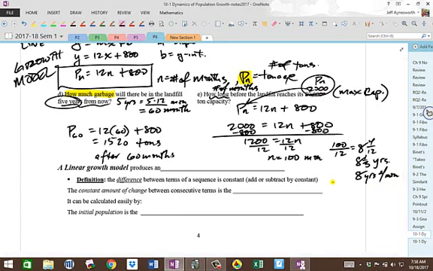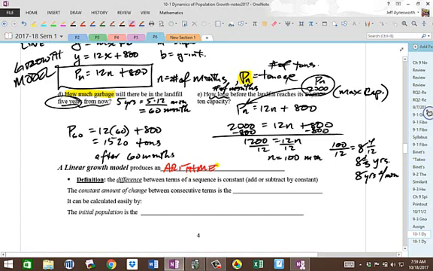Okay, so in summary here, a linear growth model produces what's called an arithmetic sequence. Arithmetic sequence. And the difference between terms in the sequence is constant. We know that by adding or subtracting here.